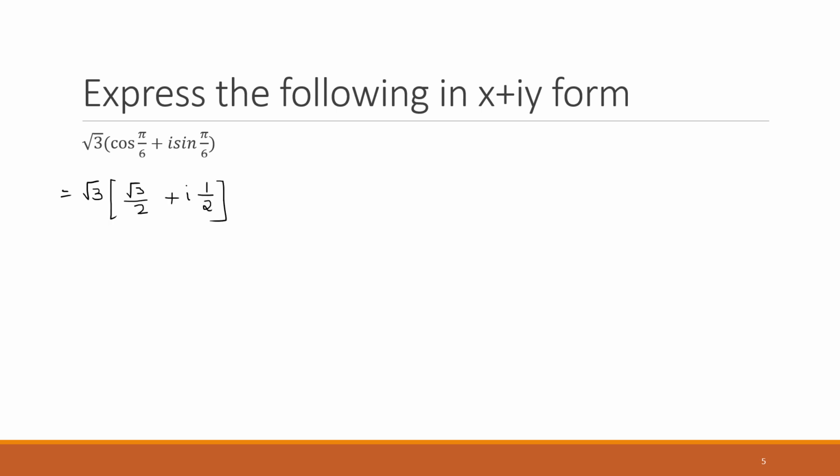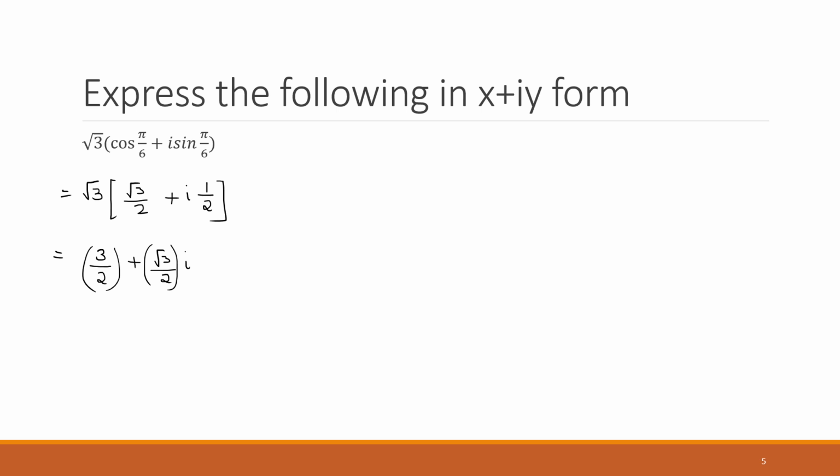Multiply root 3 inside. So 3 by 2 प्लस रूट 3 बाई 2i हो गया मेरा x प्लस आई वाई के फॉर्म में. कन्वर्टिंग फ्रॉम पोलर टू कार्टेशियन इज वेरी इजी. सिर्फ थीटा की वैल्यू सब्स्टिट्यूट करो, ट्रिग्नोमेट्री सॉल्व करो, डायरेक्टली गेट द आंसर ऑफ पोलर इनटू कार्टेशियन प्लेन.